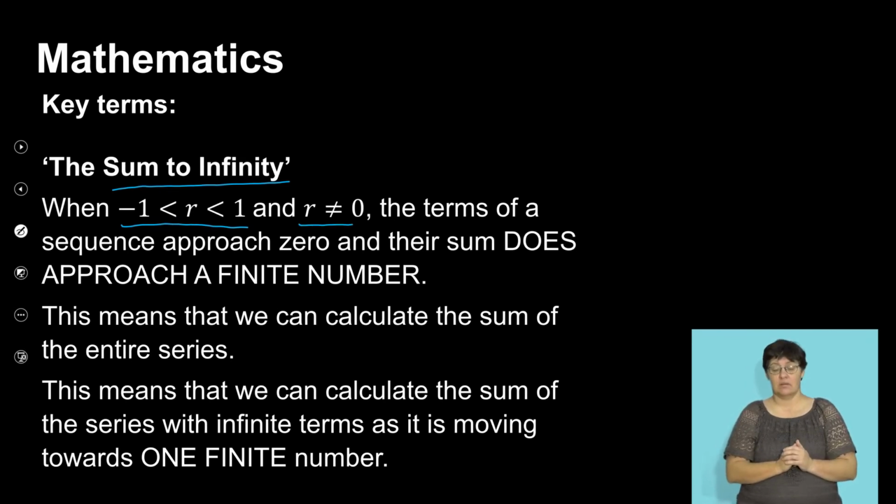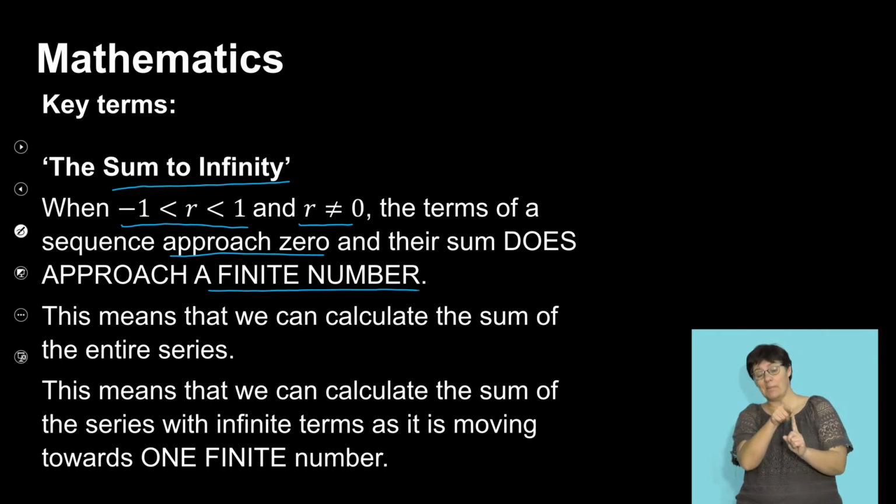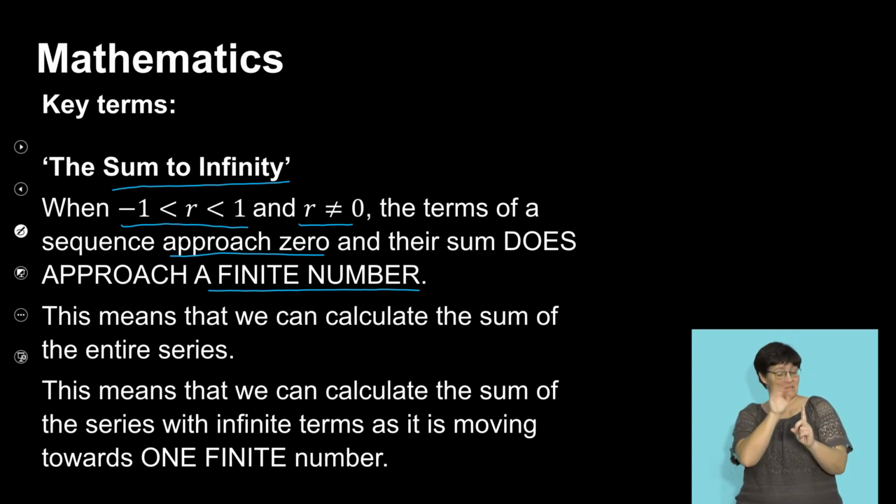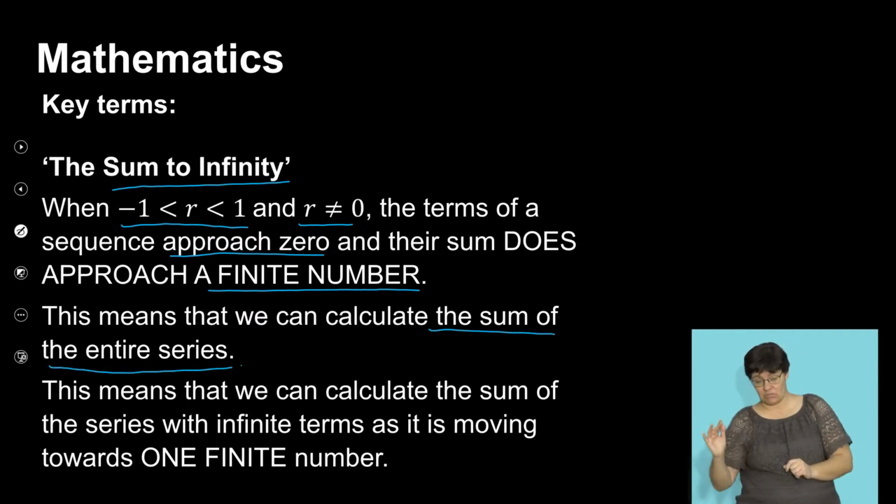When my ratio is between -1 and 1, the terms of the sequence approach 0 and their sum does approach a finite number. Because the sum approaches a finite number, that means that we can calculate the sum of the entire series.